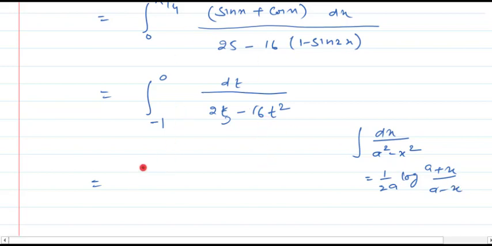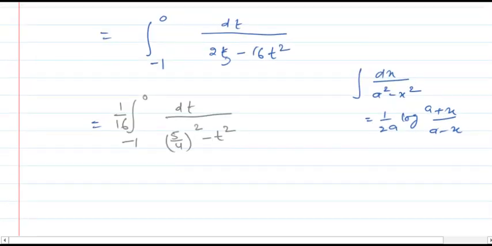First of all, taking 16 as common, as I explained to you, the coefficient of the variable square should be 1. So let us change it into 1 first of all. So we are getting minus 1 to 0 and taking 16 as common, it is dt upon 5 upon 4 whole square minus t square. Now the function is ready with us to apply this identity.